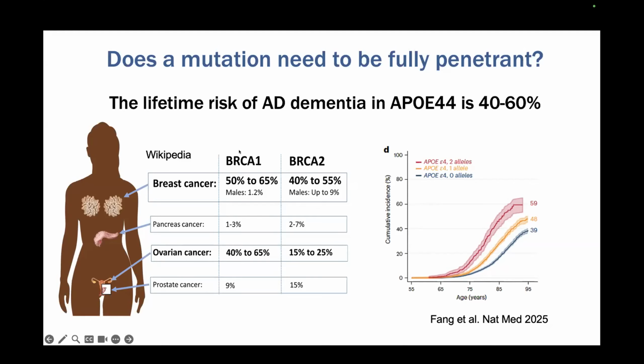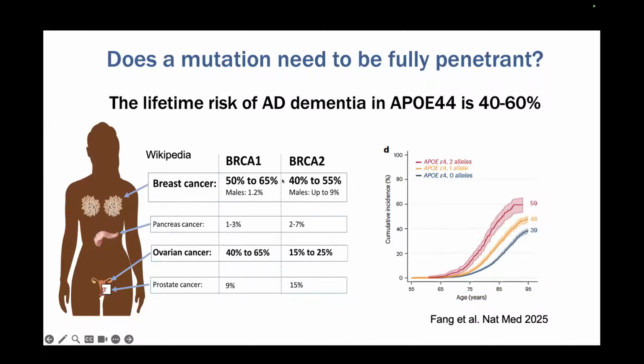Take a very well-known mutation, the BRCA1 and BRCA2 mutations, and the risk that they confer for breast cancer and ovarian cancer. No one discusses that this is a genetic cause of cancer. Actually, many women have their breasts removed if they have these mutations in order to avoid developing cancer.